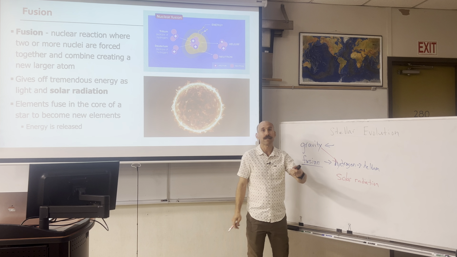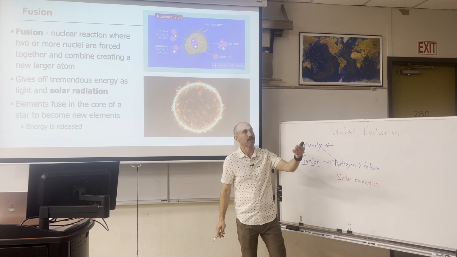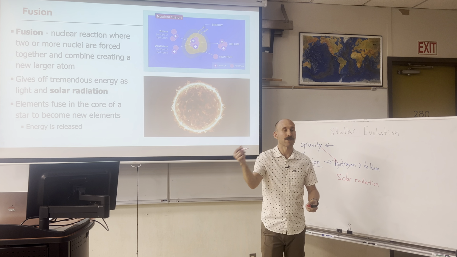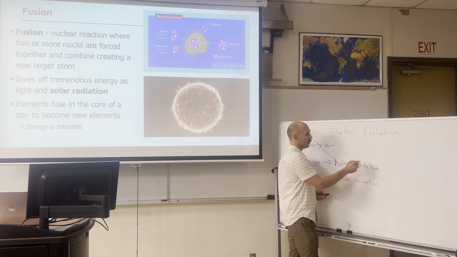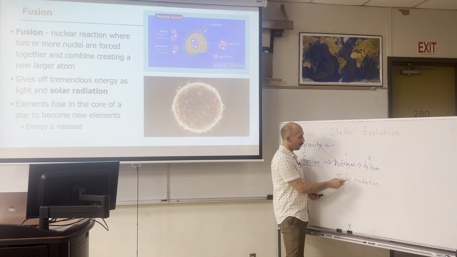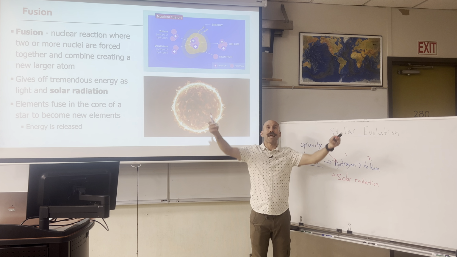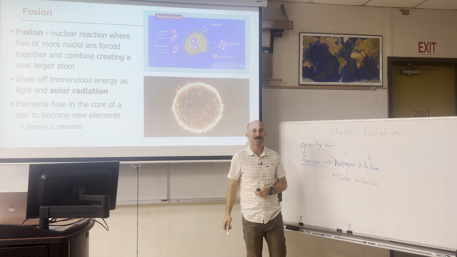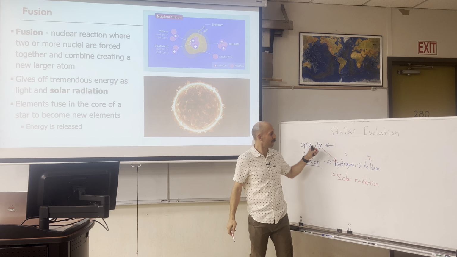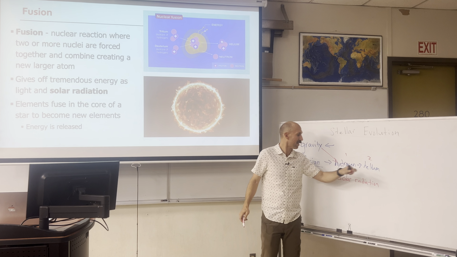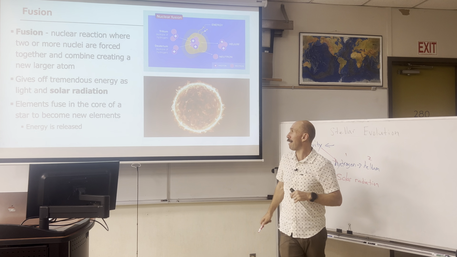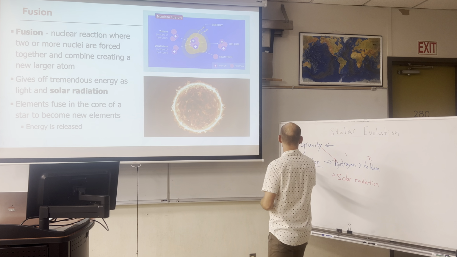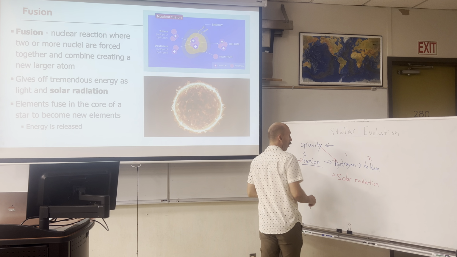Now, helium is formed because the periodic table of the elements is defined by the amount of protons in the nucleus. So when we go from one proton to two protons, we now have helium, and the result is solar radiation, or light from the sun. This is the birth of a star. The gravity is so strong it forces two hydrogens and turns it into helium, and boom, bang, pow, we have solar radiation. Okay, so now that we understand the force of fusion, our star has been born.